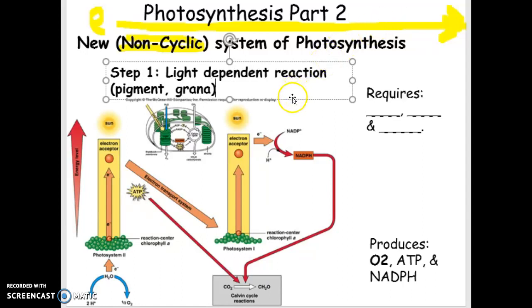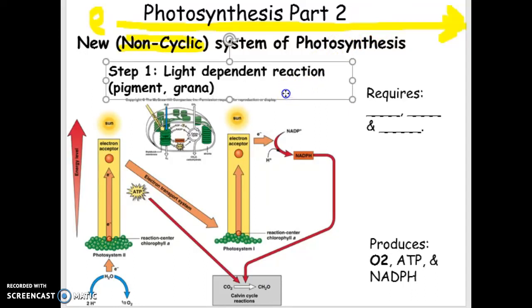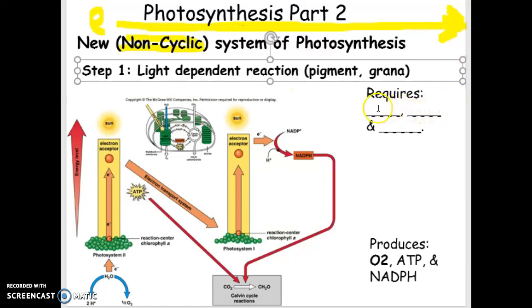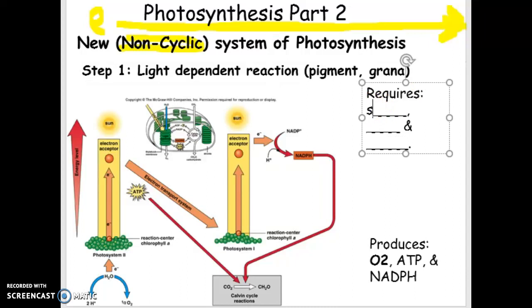That's where the light-dependent reaction is going to occur. This over here. All right, so in order to do this part of photosynthesis, it's going to require sunlight or a light source. Ideally sunlight, that's the optimal, but some plants can do it in fluorescent lights. Think about growing a plant in your house.